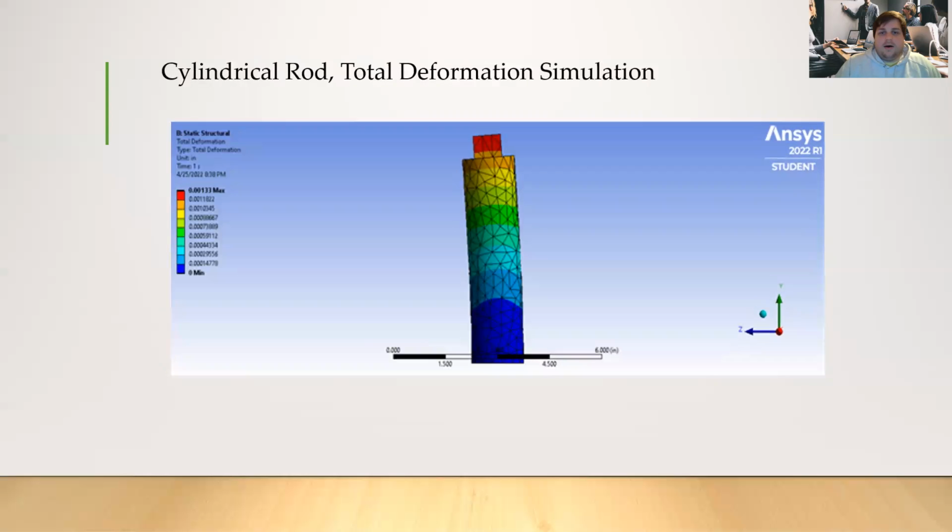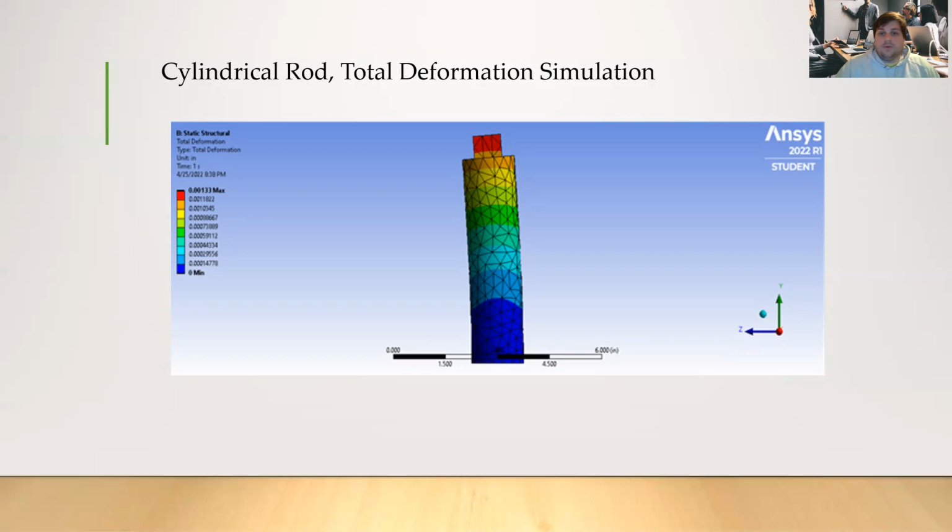And for the cylindrical rod, I got a little bit more of a similar result to what I had done by hand calculation. I was kind of proud that I got a little bit closer with this one. But generally, as you can see, the most amount of deformation happens at the top where the forces are.